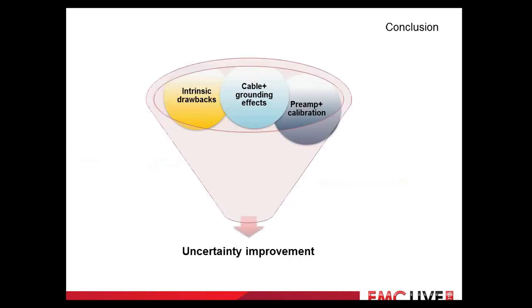In conclusion, I'm going to end my speech, and thank you for your patience. If we want to improve the uncertainty of a rod antenna, it is demonstrated that we have to work on three basic aspects: the intrinsic drawbacks as much as possible, the cable and grounding effects, and the preamplifier side and calibration side.